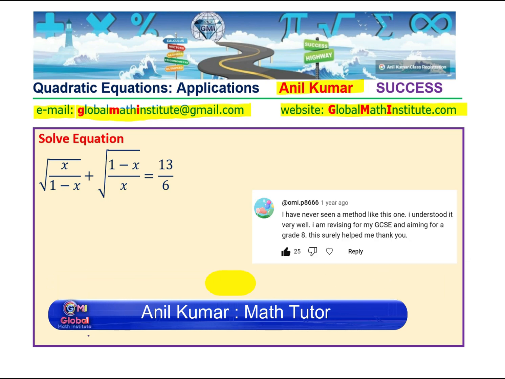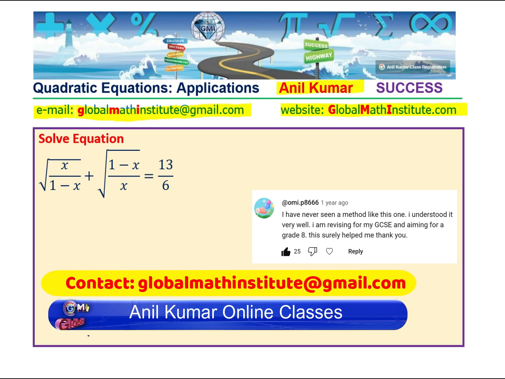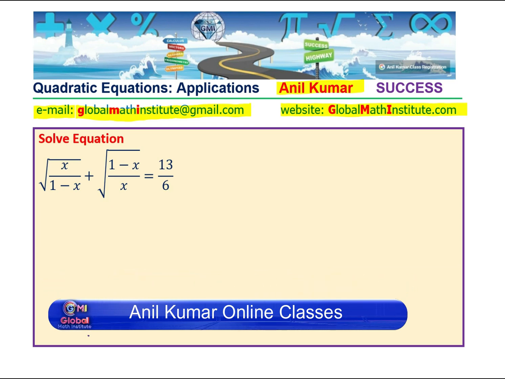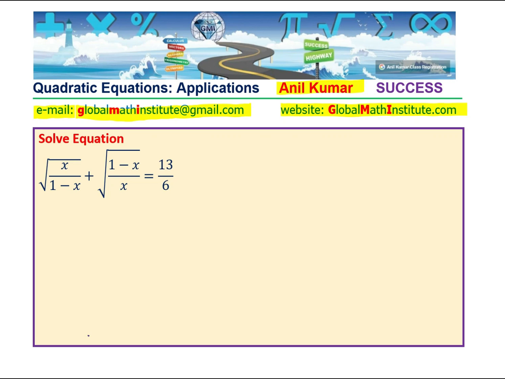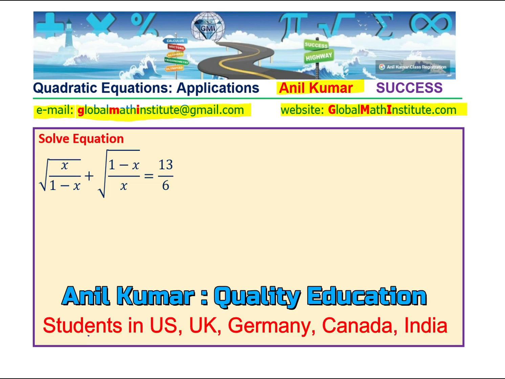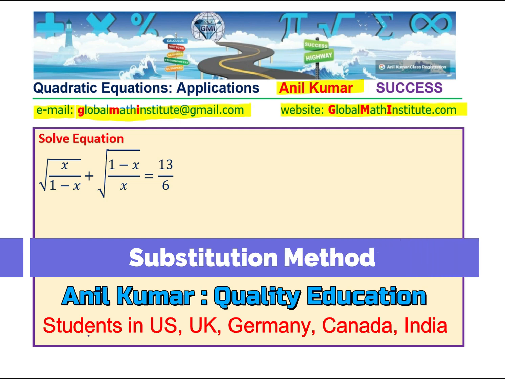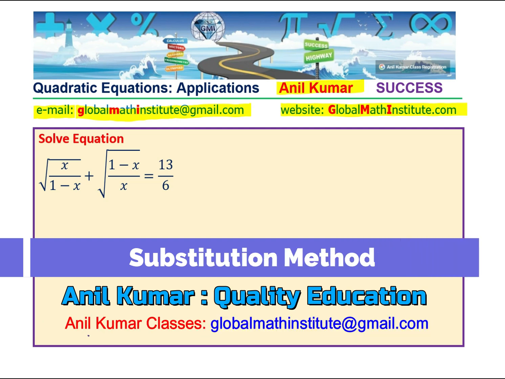Let us now see how we solve such an equation. When you analyze the equation, you find two terms related to one another: square root of x over 1 minus x plus square root of 1 minus x over x. These are reciprocals of one another, so a substitution method should help us simplify.